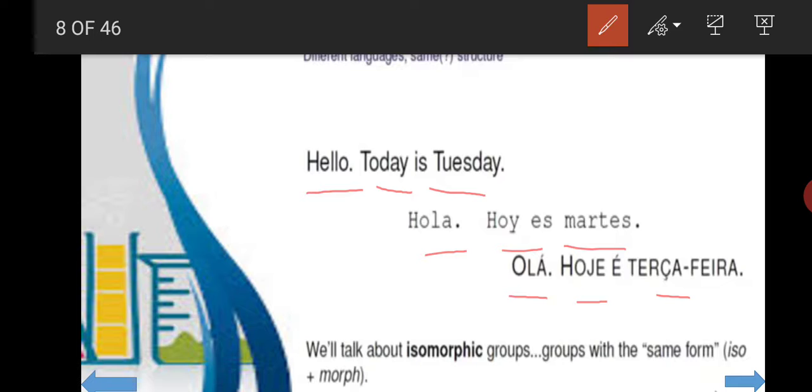So the only difference is the language that we use for the individual words. In the same way, we talk about isomorphic groups: groups with the same form, which is what isomorphic means, but stated in different language.